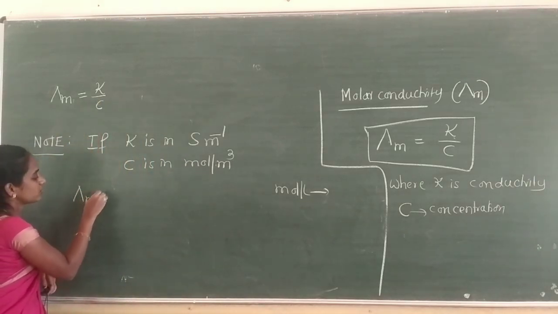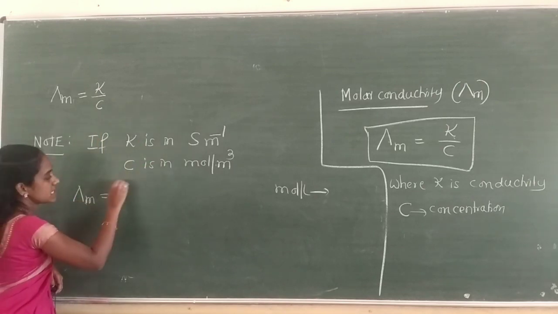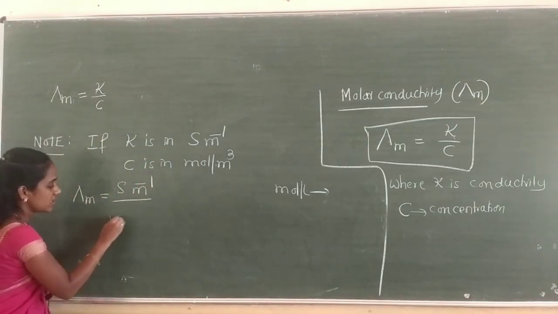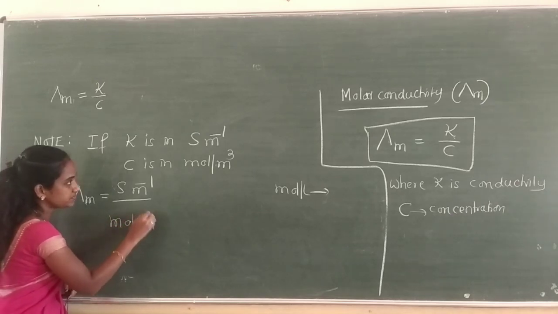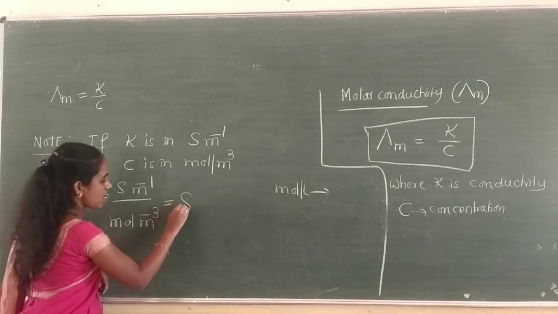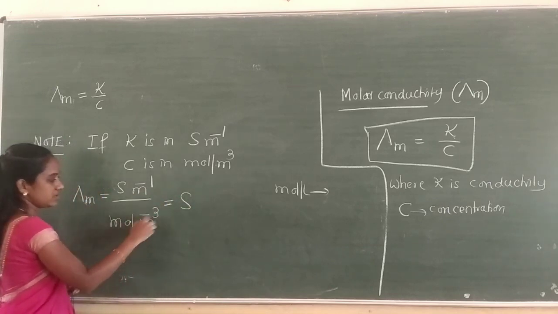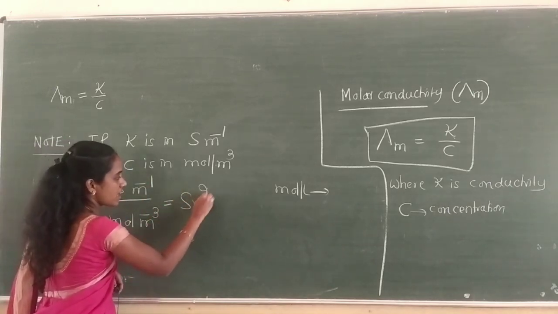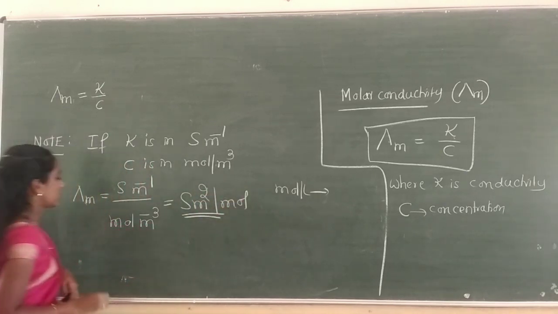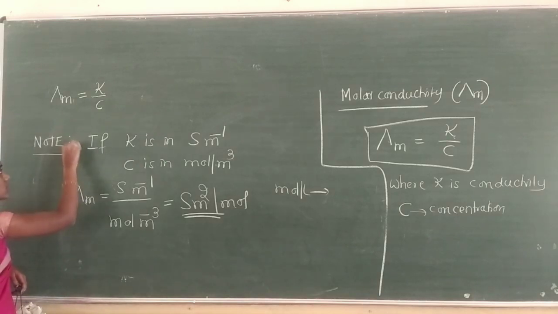We can substitute here: K is in Siemens meter inverse, concentration in mole per meter cube, so the unit becomes Siemens meter square per mole. Okay, that is the first note.